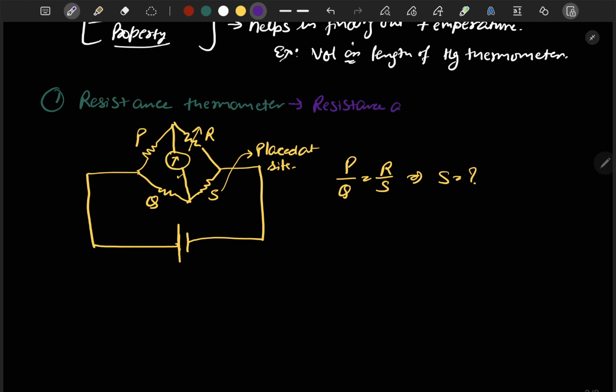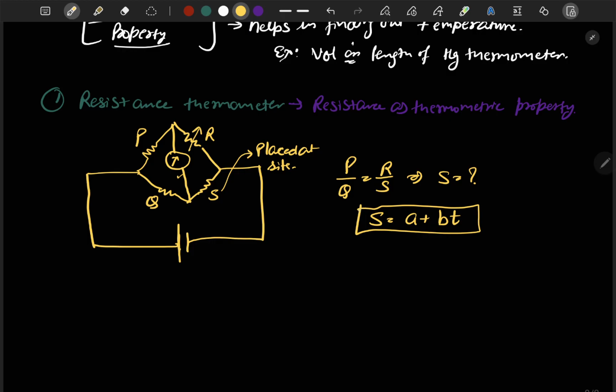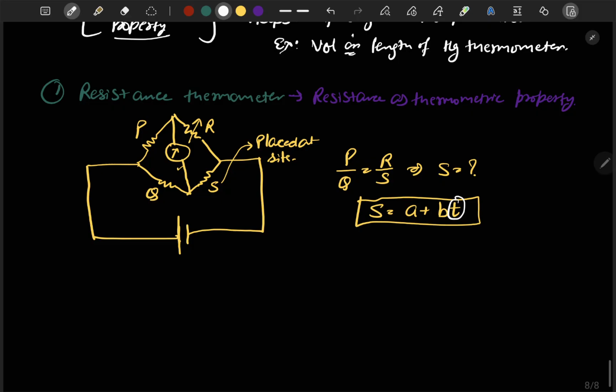The resistance S can be written as S is equal to A plus BT, where T is temperature. So whenever we get the value of S, we can calculate the corresponding value of temperature.